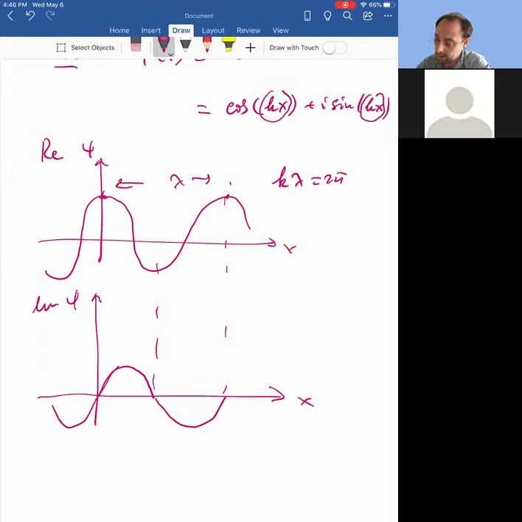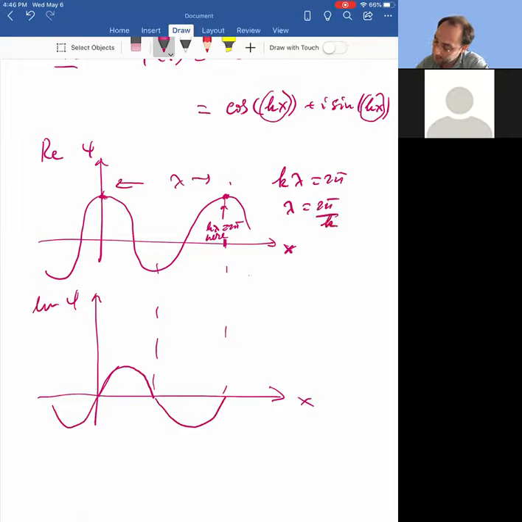So here the argument is 0, here the argument is 2 pi. So when x equals lambda, the argument is k lambda. So k lambda equals 2 pi, so lambda equals 2 pi over k.